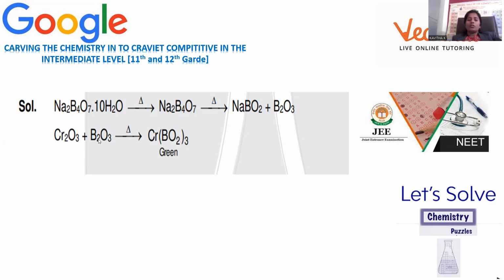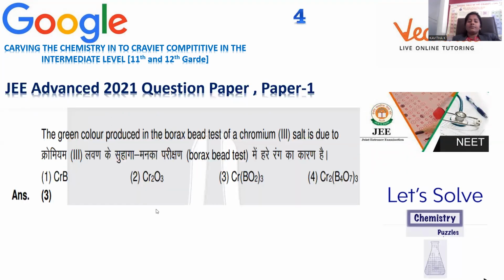So here we have 2 moles of B2, and Cr2 is also there, so you can put 2 as the coefficient, so that a perfectly balanced equation we can get, and whatever compound is generated exists in a green color. So the borax bead test is a distinguishing test for chromium. Whenever chromium is treated with the borax bead test, the green coloration is due to what? Chromium boron oxide complexation.